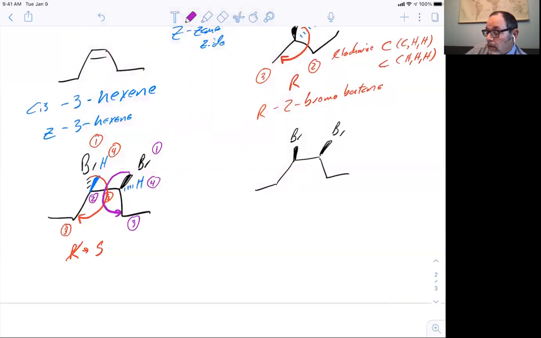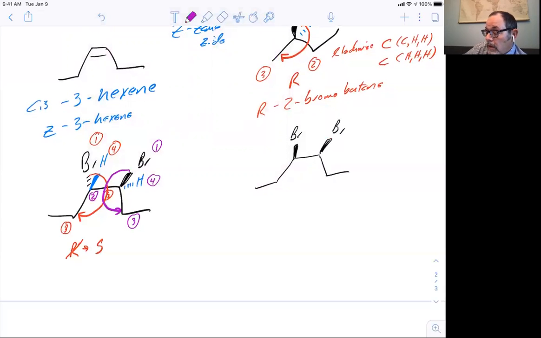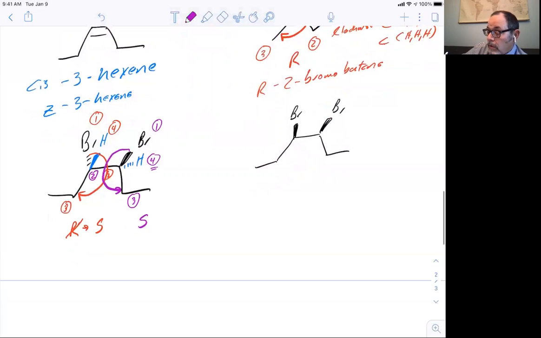This is counterclockwise, so that's an S. Where's my lowest priority? My lowest priority is back, so this stays S. So this is going to be 3,4-dibromohexane, and then this one is going to be 3S,4S.